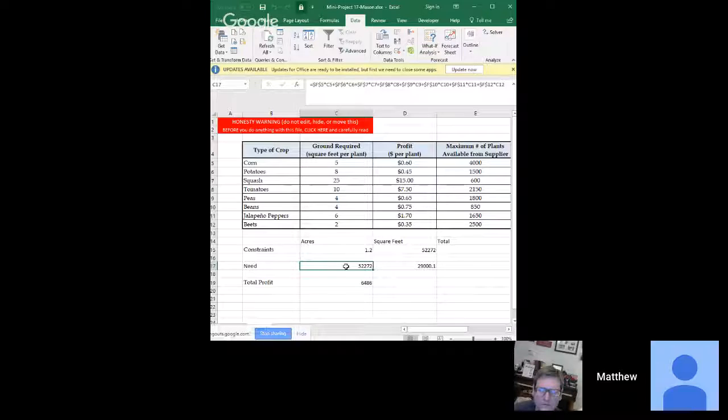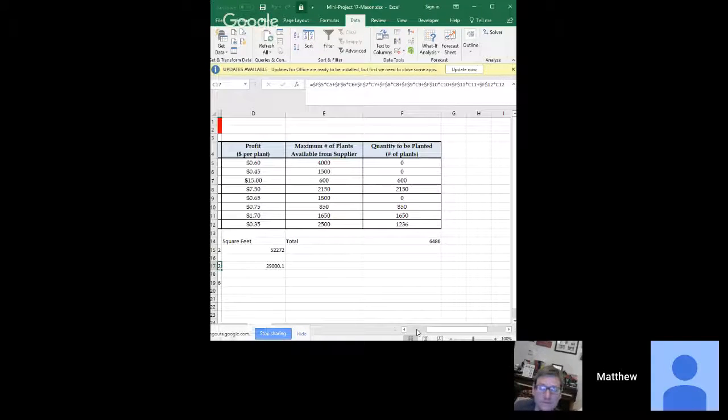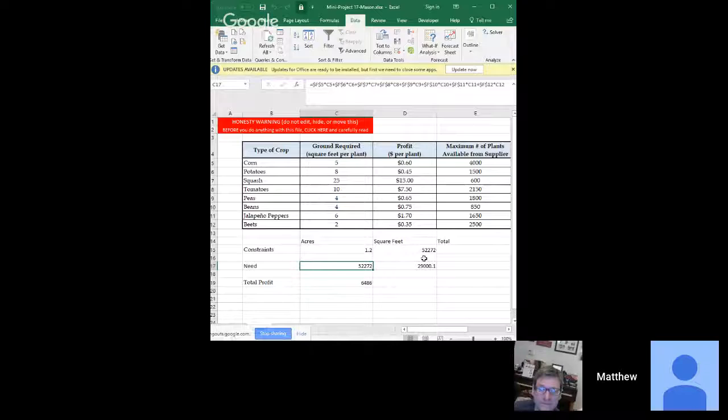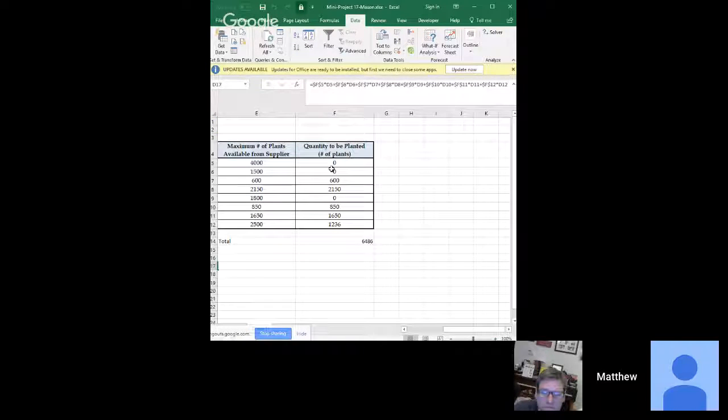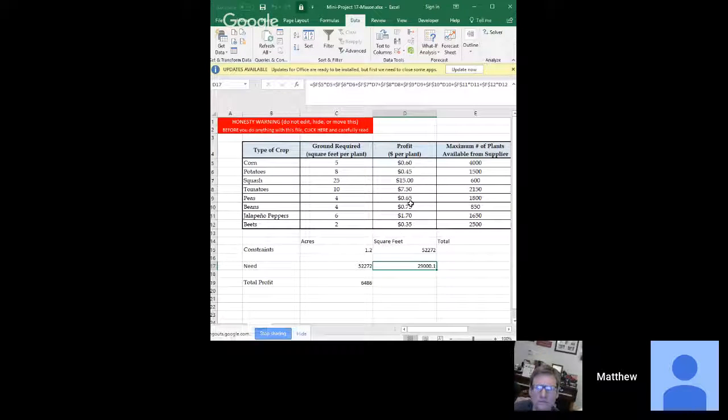I've had this computed to essentially however many this quantity to be planted, so long as it equals the amount of square feet right here. Then with the profit, and this is all after I've set up the solver, it would do the quantity to be planted right here, and then times each section by the profit per plant.